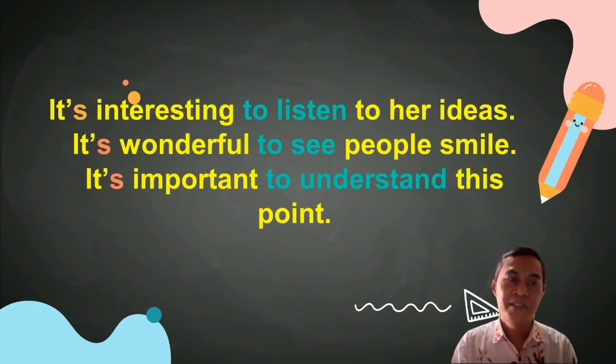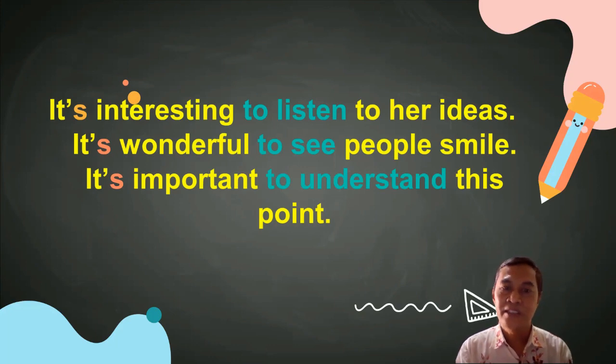As the first sentence, it's interesting to listen to her ideas. Let's see the different color of these words. It and then s, or it's interesting. Interesting here is an adjective, so we use is, so it's interesting.